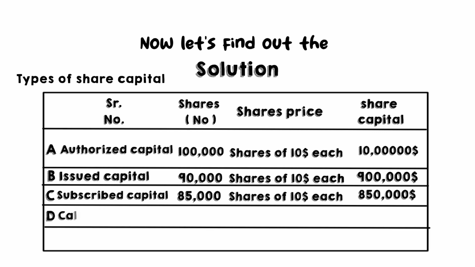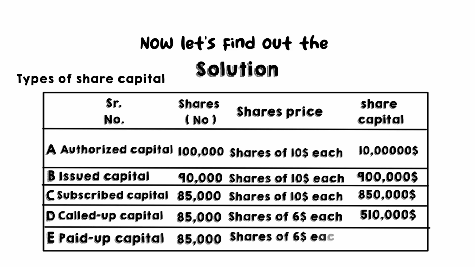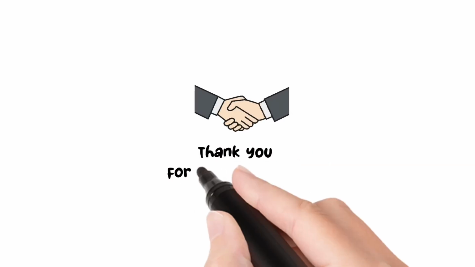D. Called up capital, 85,000 shares, $6 for each share, $510,000. E. Paid up capital, 85,000 shares, $6 for each share, $510,000.